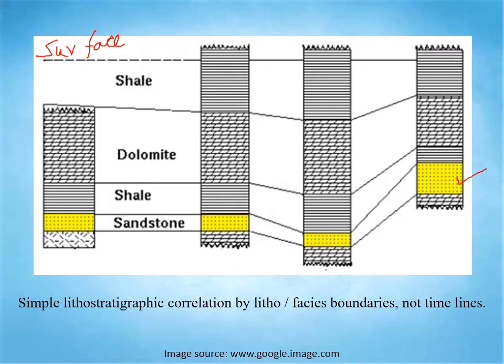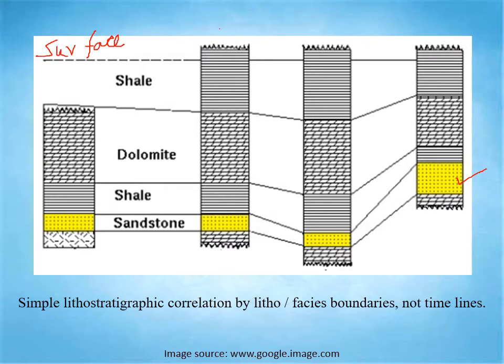So first things first, we are gathering data on the lithology of this yellow colored sandstone unit, and we find that lithologically they match. All these columns match. The second part that we have to determine is whether they are equivalent in age or not. What we learned previously is that we have to consider the upper and lower bounding units, whether they are the same or not.